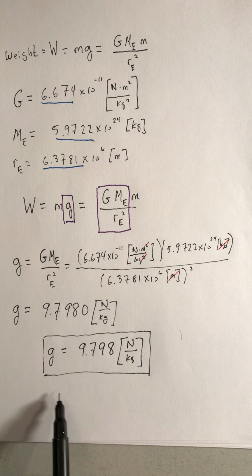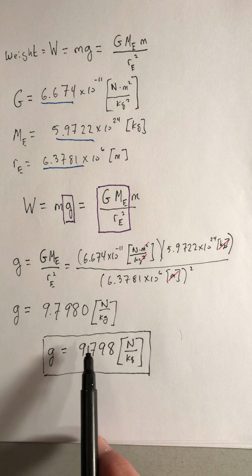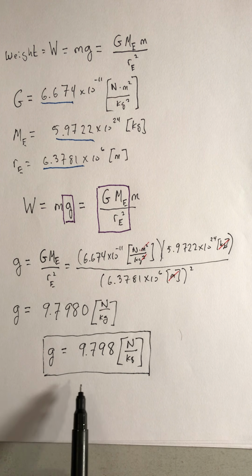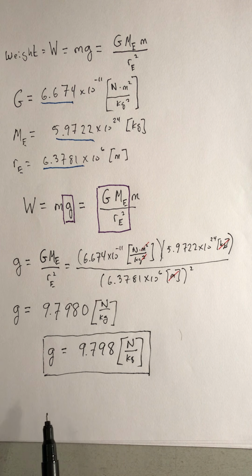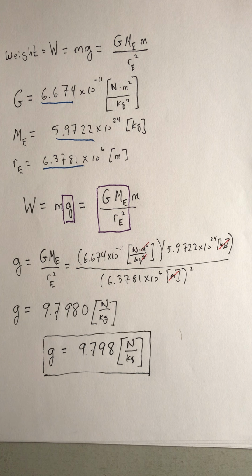But you can measure for yourself if the local acceleration due to gravity is 9.798 or 9.797 or so forth. So this is the value that follows from the average value of Earth's radius and not taking into account any of the inhomogeneities underneath us.